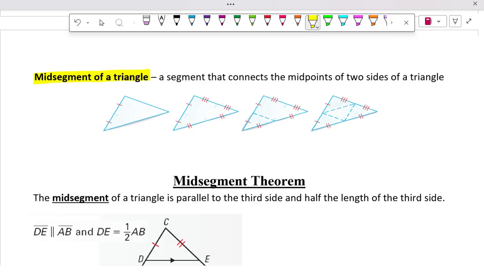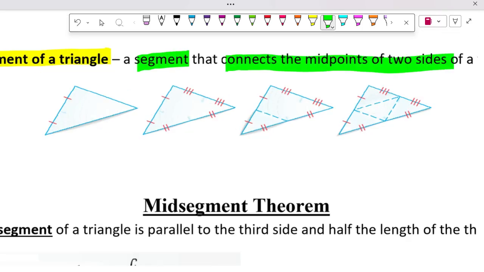It may not look like it's in the middle of the triangle, but it's formed by two midpoints of the sides. The midsegment is just a segment that connects the midpoints of two sides of a triangle. So if you found the halfway point of two sides of that triangle and connected those two points together, it would form the midsegment.